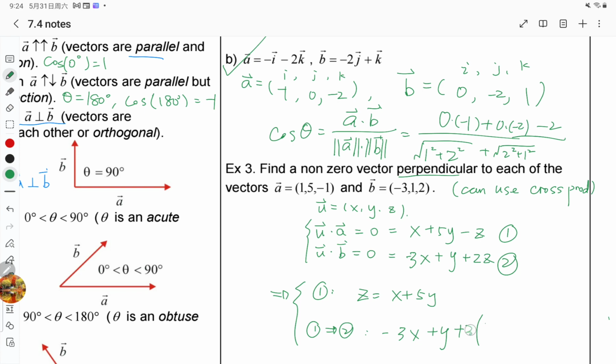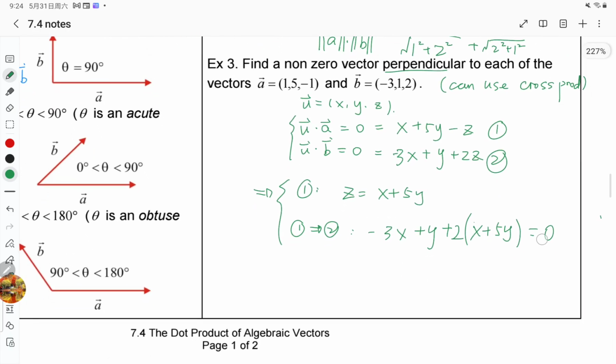I just plug in this relation here. x plus 5y is equal to 0. Okay.